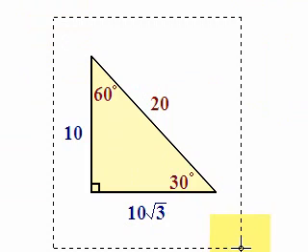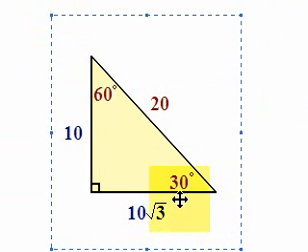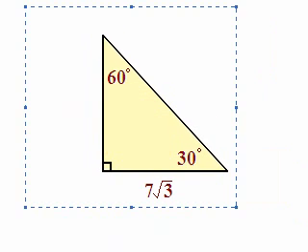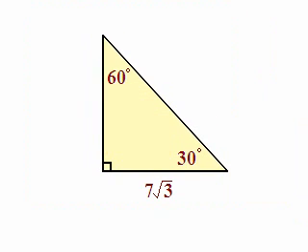Now the final situation you can get into: in the first situation I gave you the side opposite to 30, in the second I gave you the side opposite to 90. What if I give you this situation? How are you going to find the remaining two sides? Well, if you remember the relationship of the side opposite to 60, and you should play with that clip on the web page, you can play around with it yourself and analyze the relationships.